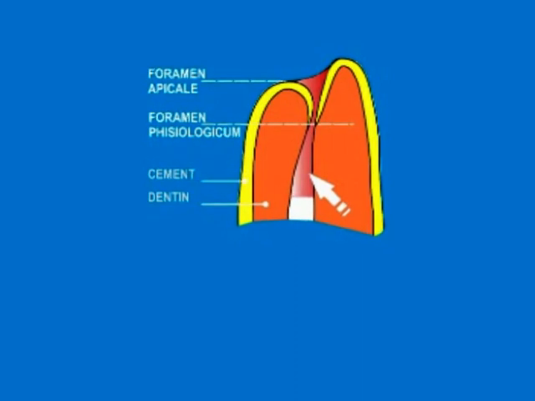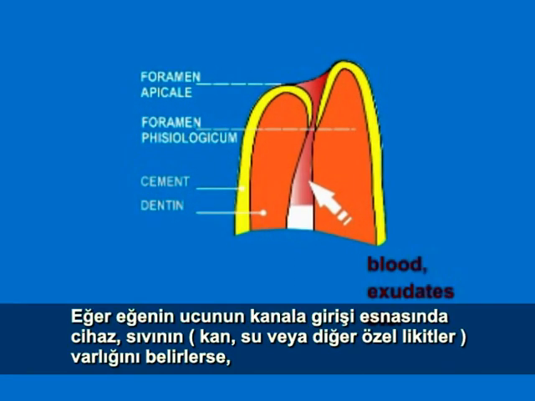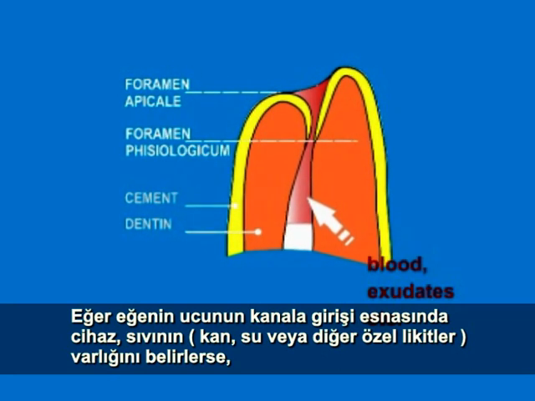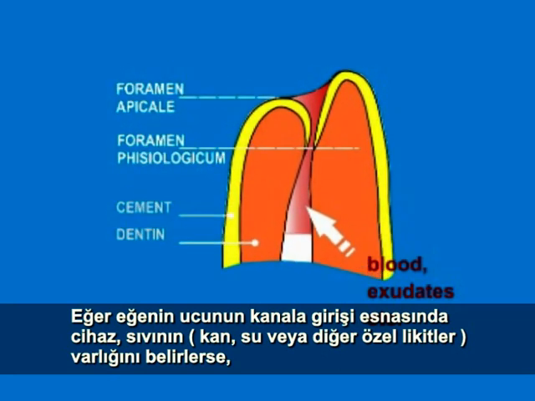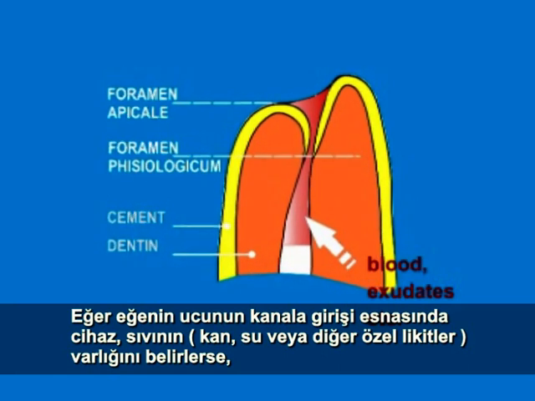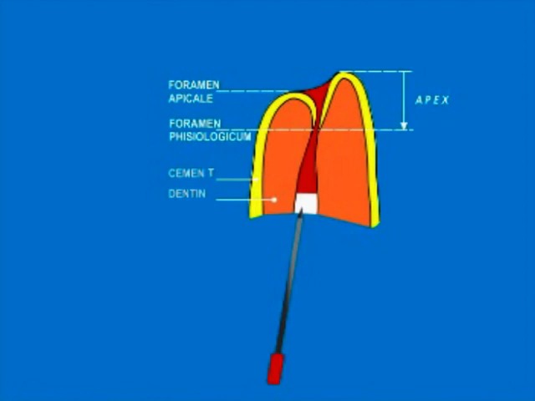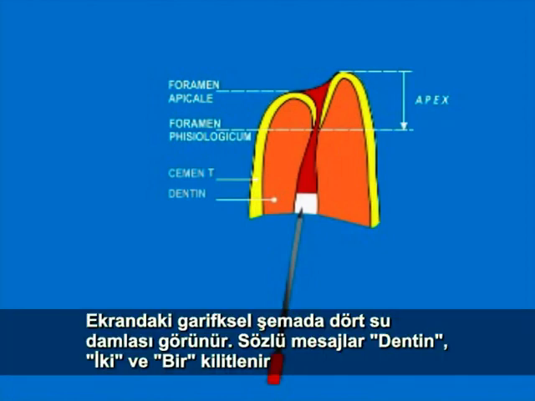If during the insertion of the tip of the file in the canal, the device determines the presence of liquid, blood, exudate, or the canal is filled with liquid especially, the device automatically adapts the method of measurement to the wet canal. On the screen is shown a graphic scheme like for water troughs.